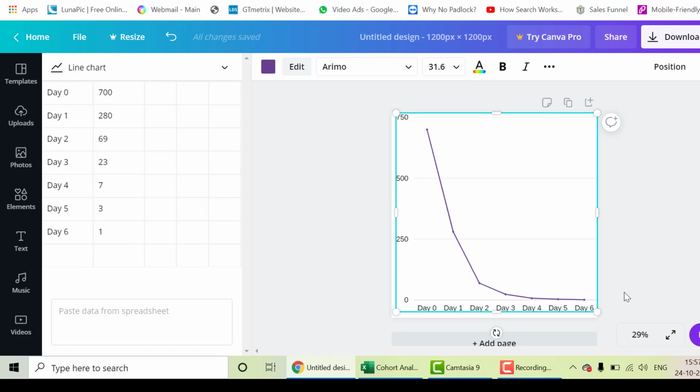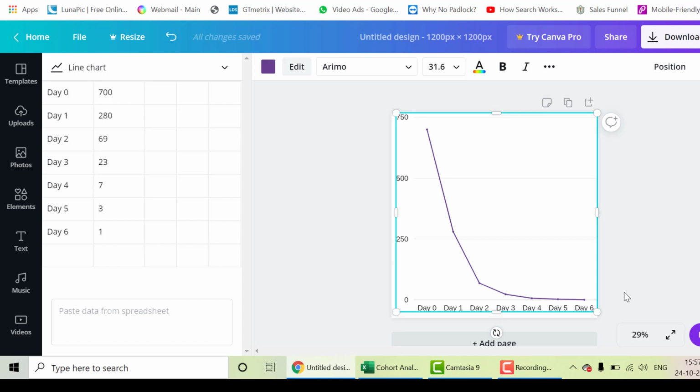Basically we are trying to measure how many users are coming on day 0, and we are concluding that all whosoever is coming on day 0 on this particular date, which is the date I want to measure, all of whom are coming onto my website, I am saying that this is 100.